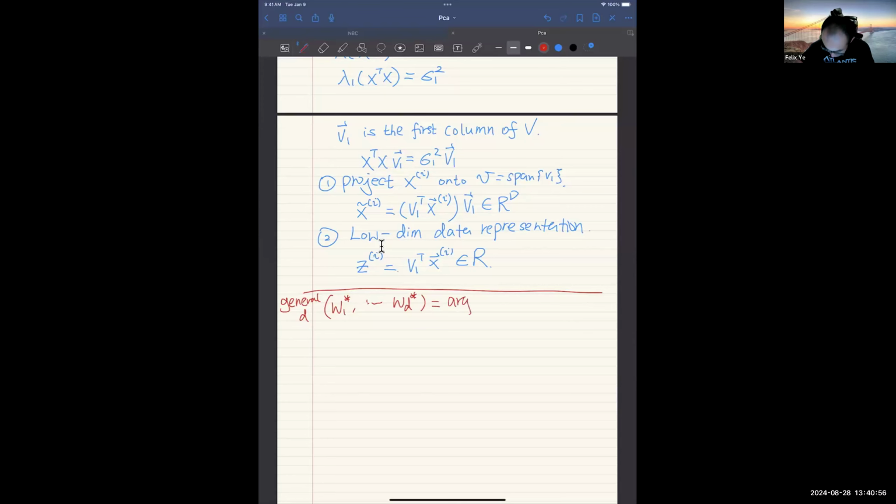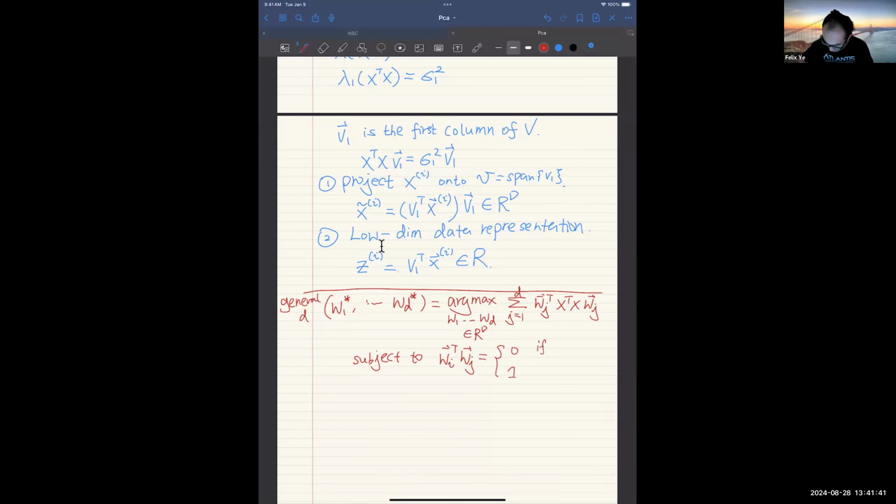This will be argmax over W1 to WD in R^D of the summation of j from 1 to d of Wj transpose X transpose X Wj, subject to Wi transpose Wj equal to 0 or 1.